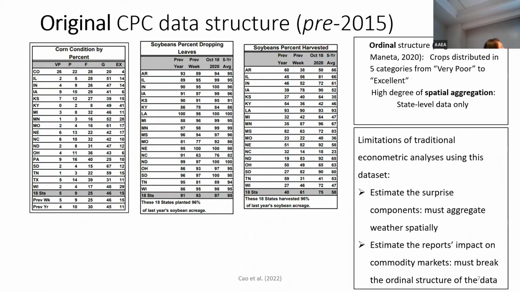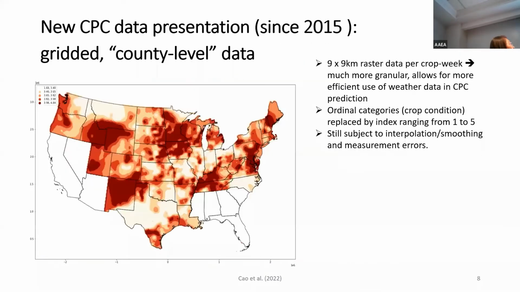So if you want to do something about that, you ultimately have to aggregate. Either you aggregate the weather and lose information, or you disaggregate the crop condition, which is not possible because the report production process is highly confidential at USDA. So estimation based on these processes is not very efficient and may be subject to bias.